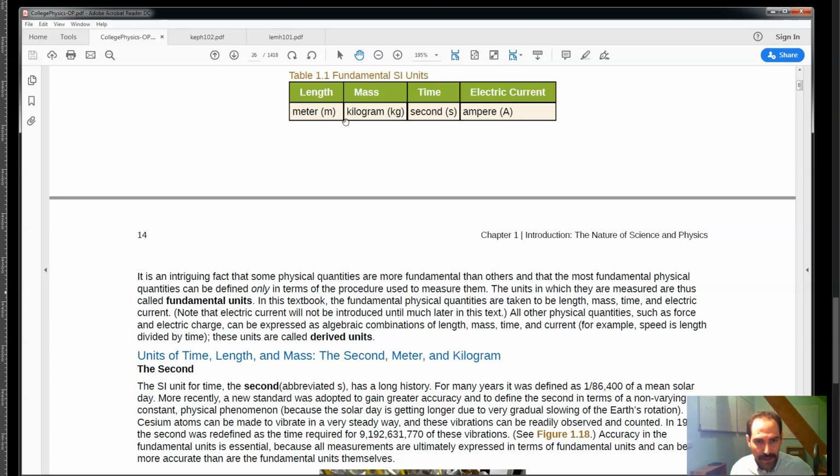But it seems that science is still not able to measure the mass of atoms reliably, so they're not doing that. That's basically about mass.